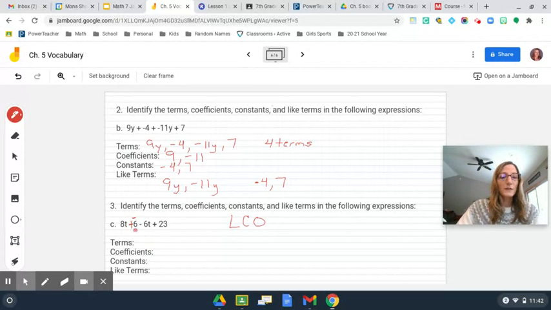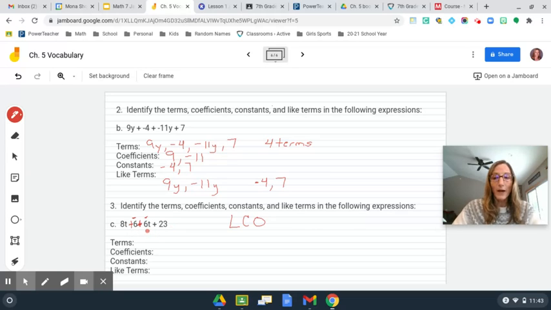Leave the negative 6, change subtraction to addition, opposite, that's a negative 6t. Anytime there is a subtraction sign in front of a value, it's negative. So I did that for both.